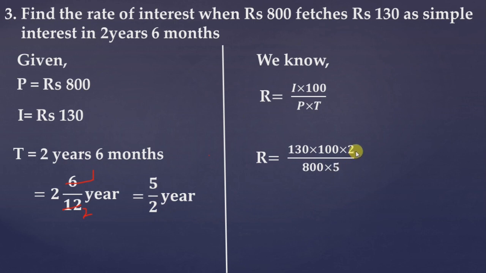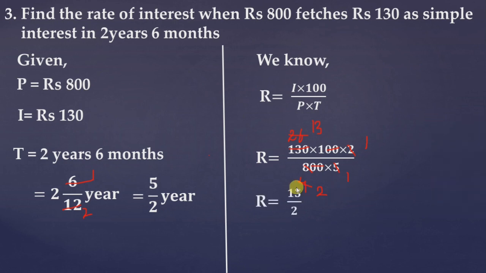Now 2 zeros will get cancelled. 5 1s are 5, 5 2s are 10, 30, 5 6s are 30, 2 1s are 2, 2 4s are 8, 2 2s are 4, 2 1s are 2, 2 3s are 6.